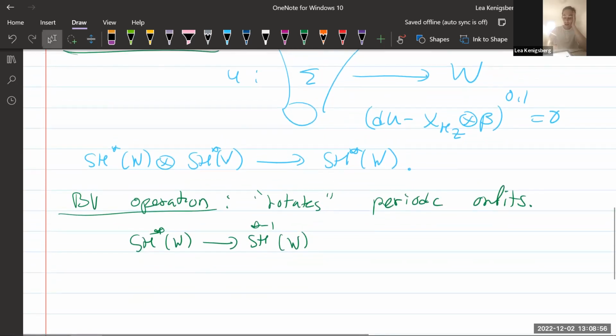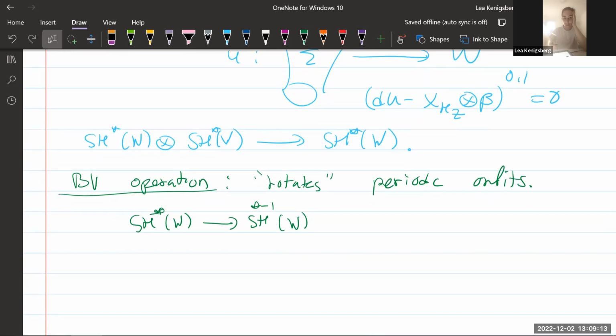Okay, so what is this gadget? In general, symplectic homology is very difficult to compute, but for cotangent bundles, we have Viterbo's isomorphism, which tells you that the symplectic homology is isomorphic to the homology of the free loop space. So we will talk today a lot about cotangent bundles.